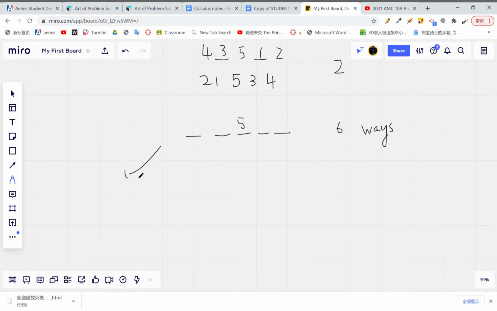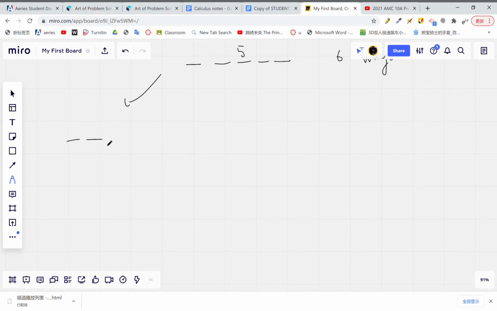So now we want to find the second case. Let's say 5 is the last one. Then 4 can't be here. If 4 is here, then there will always be 3 terms that are increasing or decreasing. So 4 must be here.